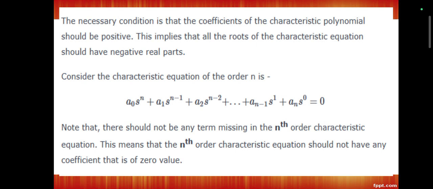This implies that all the roots of the characteristic equation should have negative real parts. That is, considering one characteristic equation a0 s^n plus a1 s^(n-1) plus etc. up to an s^0 is equal to 0. Here, the missing term means the nth order characteristic equation should not have any coefficient that is 0.